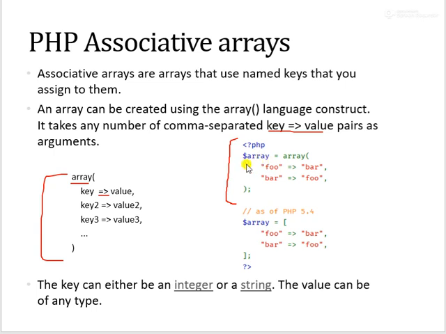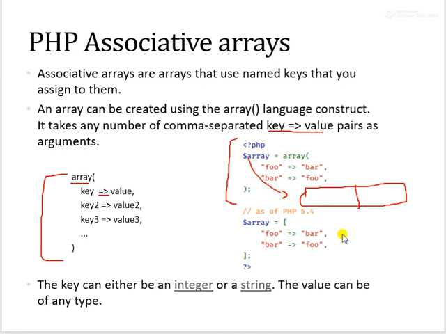PHP array, okay, the name of the array is array, we call the array function, key is foo and value is bar, key is bar and value is foo. As a result, we will create this array.